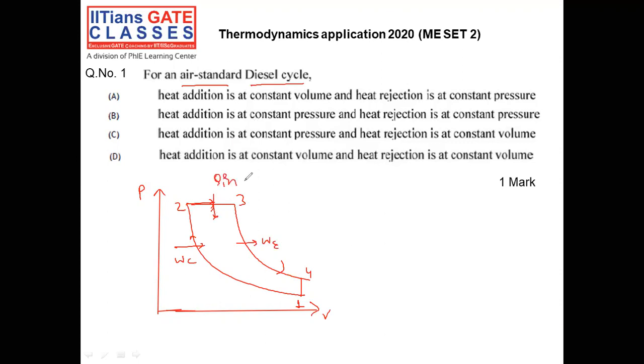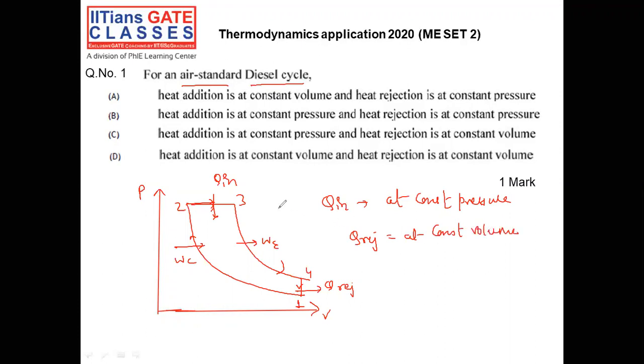If you observe very carefully, this is the work of compression, the work of expansion, and there is a heat addition and a heat rejection. You can very clearly see that heat addition is happening at constant pressure and heat rejection is happening at constant volume.